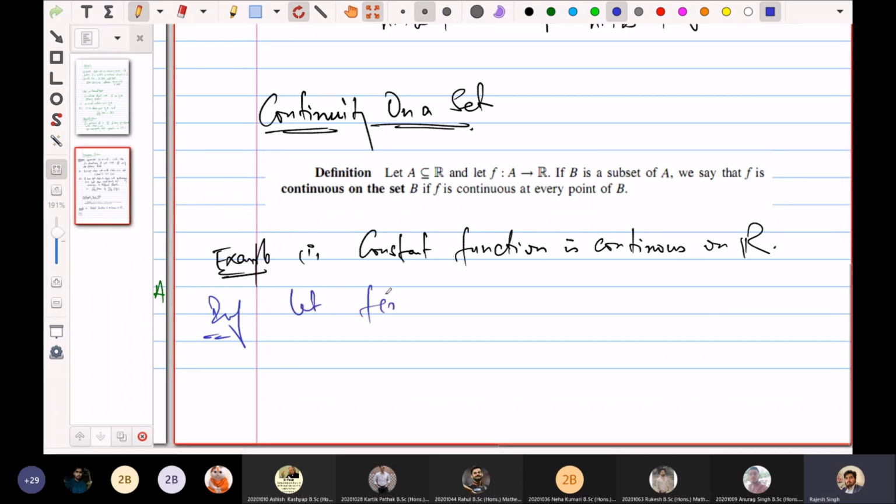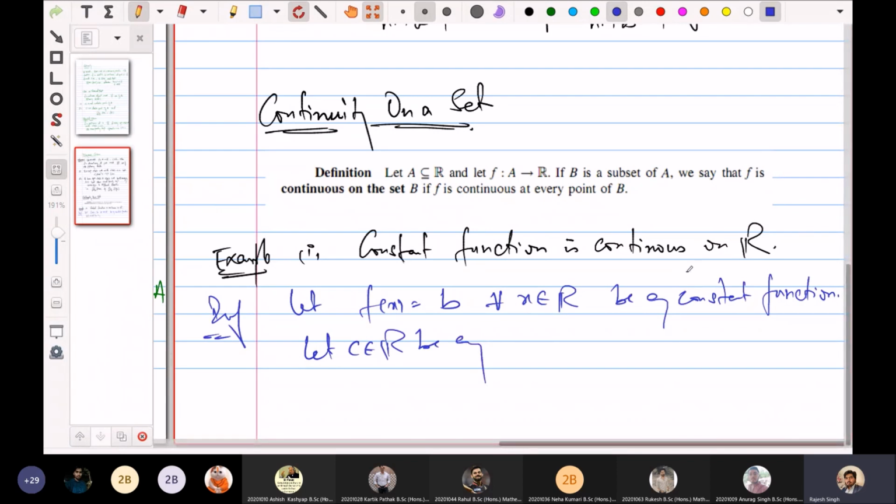Let f(x) equal to b for all x belonging to R be any constant function. Now let c belonging to R be any arbitrary point, because we have to show continuity on the whole set R, so we will pick any arbitrary point.